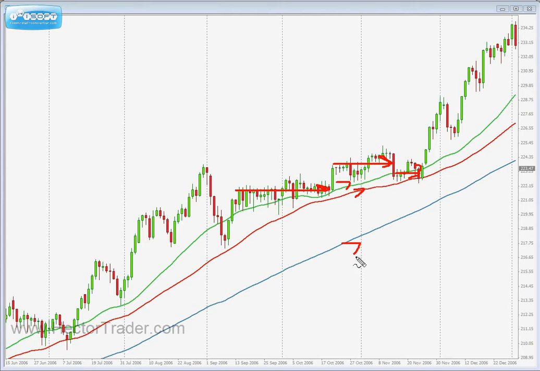They kept on being parallel to each other, no crossover whatsoever. The trend is still intact. The trend is still in place. It's just that we are going through a momentumless part in this trend, but the trend is still indeed there.